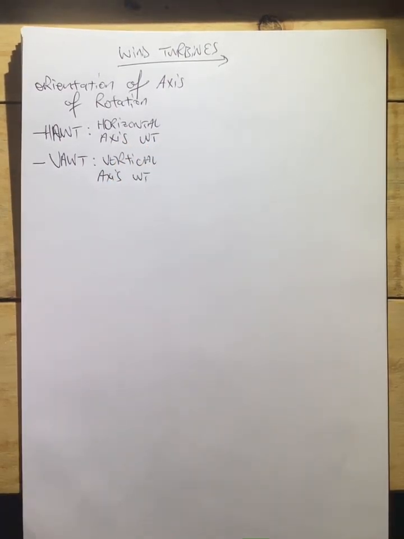So you have your horizontal axis and then you have your vertical axis, and this is what we refer to as orientation of axis of rotation.